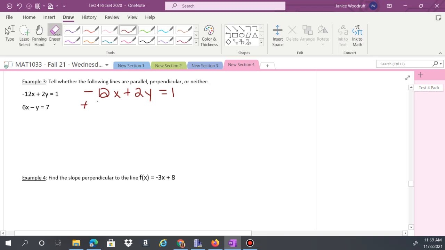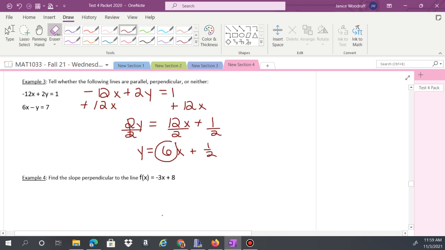So I'm going to add 12x to both sides, which would give me 2y equals positive 12x plus 1. The 1 doesn't have a sign in front of it, so it's a positive 1. And then divide by 2. That would give me y equals 12 divided by 2, 6x plus 1/2. So the slope of this line is 6.